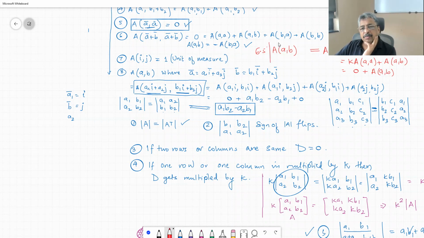So we have got permission to multiply any column by a non-zero scalar and add it to the other. Still the determinant does not change.